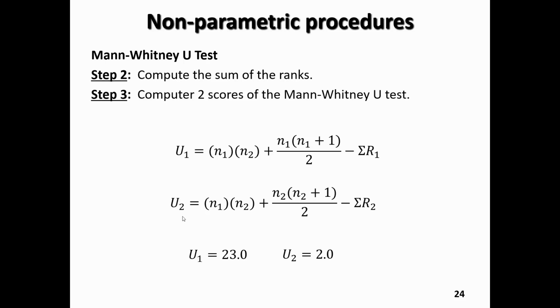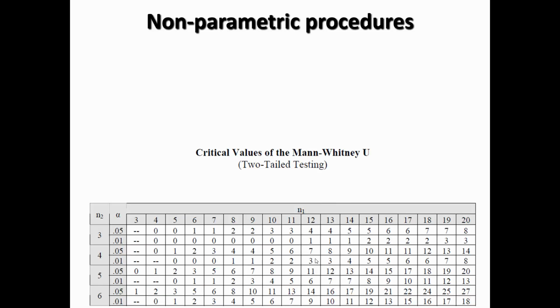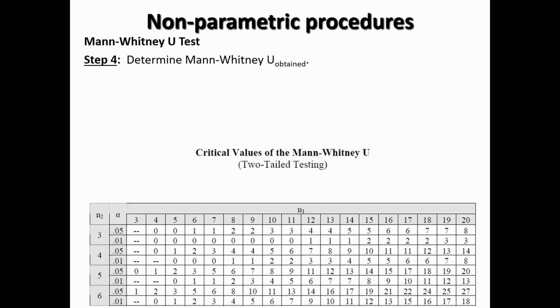You subtract the sum of the ranks, which would be 38 in U2, while in U1 this value would be 17. Once we complete the math, we find that our U1 value is 23, and our U2 value is 2.0.